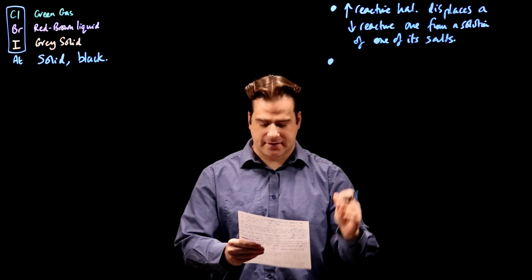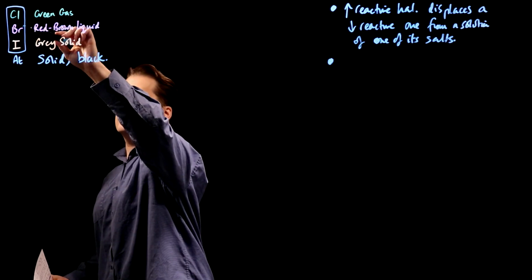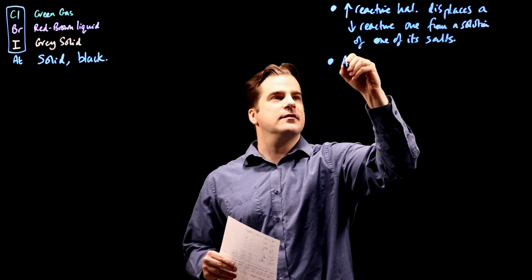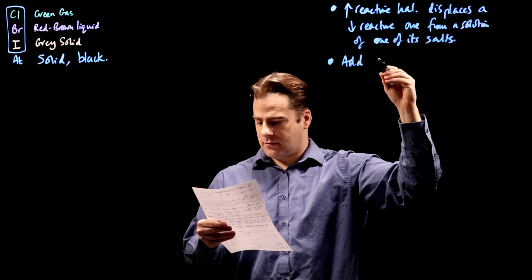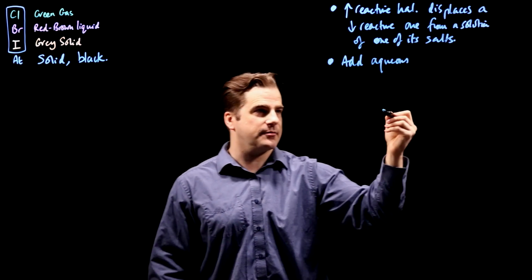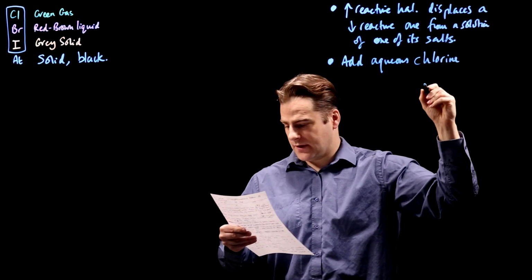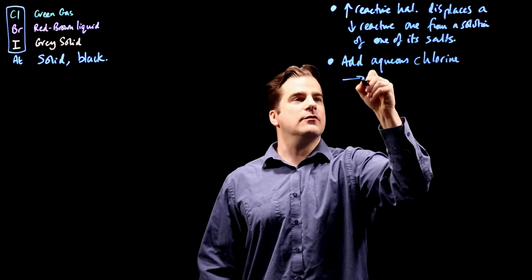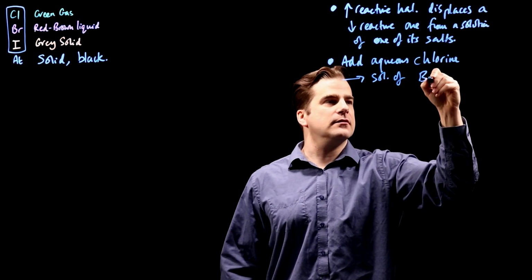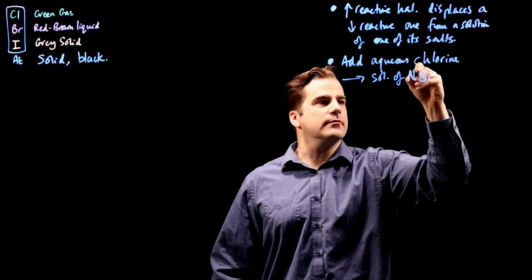Right. So next, let's decide which is more reactive, chlorine or bromine. So add aqueous chlorine, because at room temperature chlorine's a gas, it has to be aqueous, to a solution of sodium bromide.